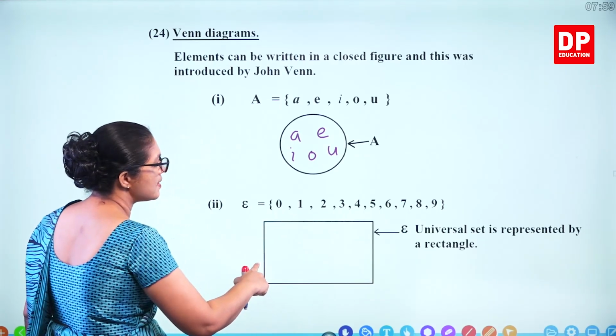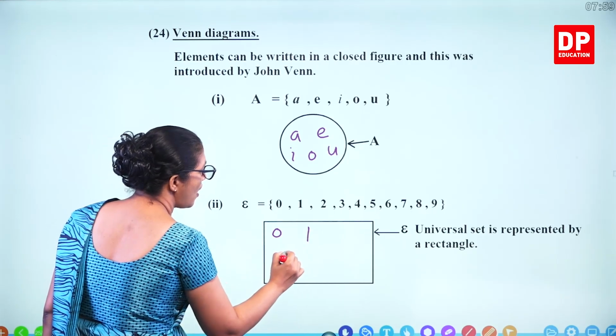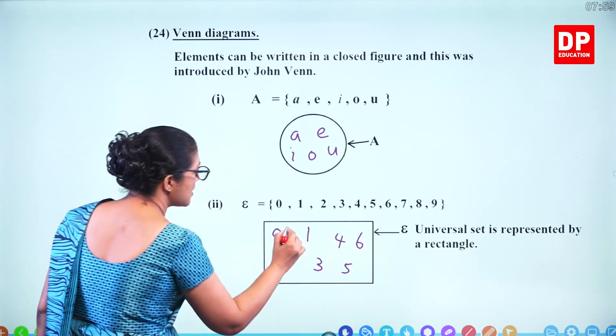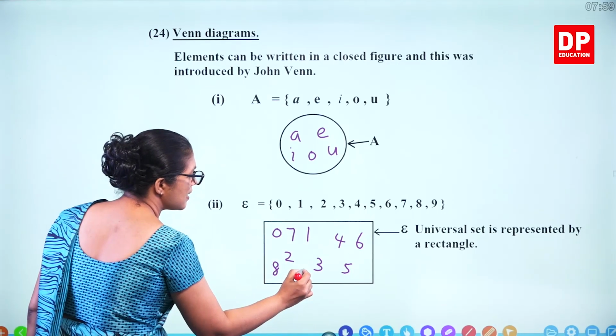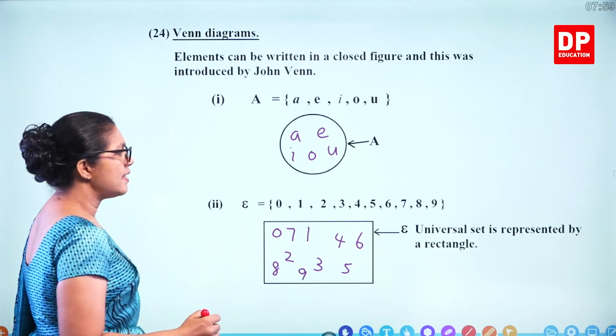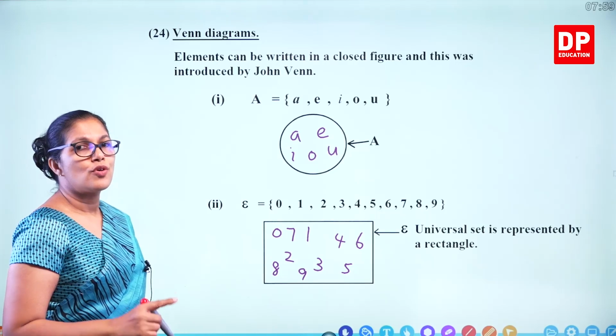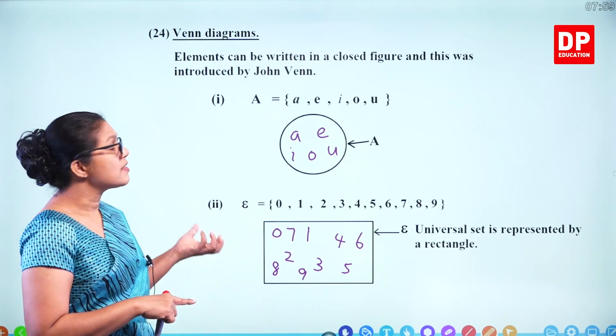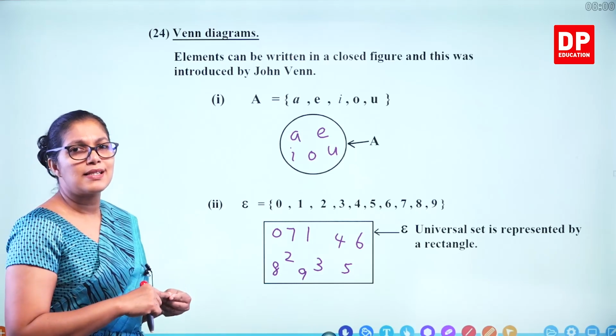So you can write 0, 1, 2, 3, 4, 5, 6, 7, 8, 9. So rectangle for the universal set, and for just a set you can use circles.